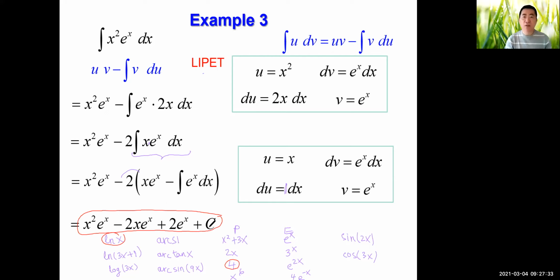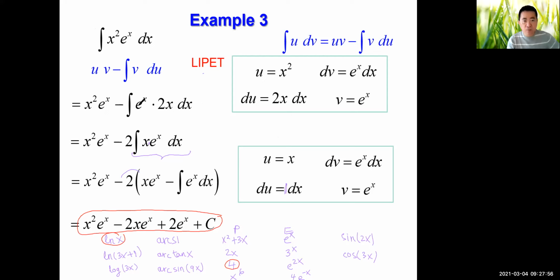Now think about this. Why do we have to do the integration by parts twice? Look at the product here. When you apply integration by parts, you change this integral to another integral.